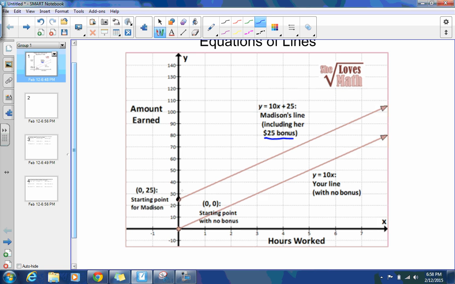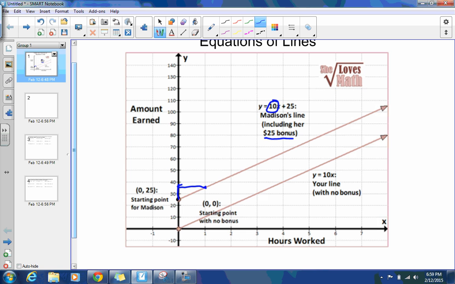And then after every hour, it looks like she went up. We'll say for 1 hour from right here to right here, she went up about $10, from about 25 to 35. And over one, so that would be about $10 per hour. And you can see that there in the equation, 10 times x, or 10 times however many hours she works, plus the 25, which was her starting point.